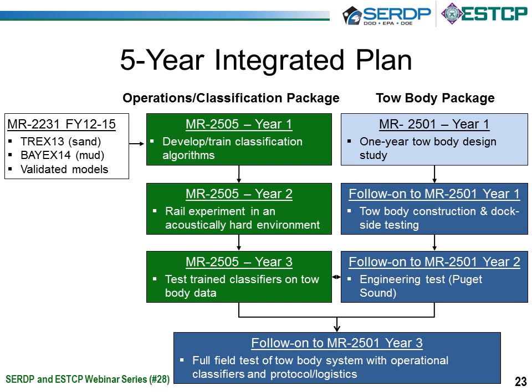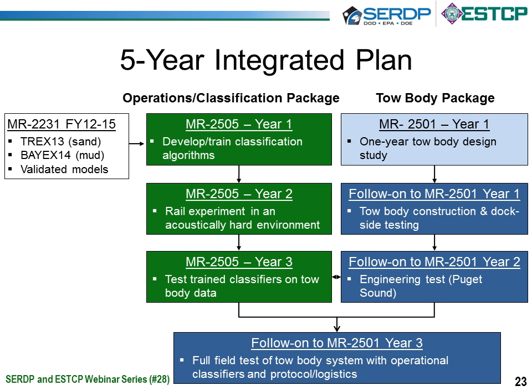Now in parallel to this, we've got the tow body that is being designed right now. Assuming that a follow-on gets funded with that, the following year we will be in the construction and dockside testing side of things. Meanwhile, on the operations and classification side of things, we're going to do a controlled rail experiment in an acoustically hard environment, which is going to allow us to test out these trained algorithms in a more difficult environment.